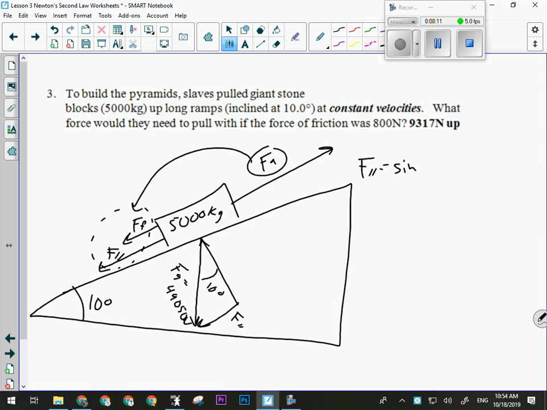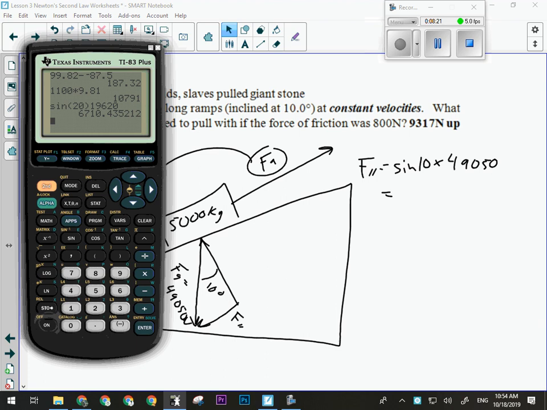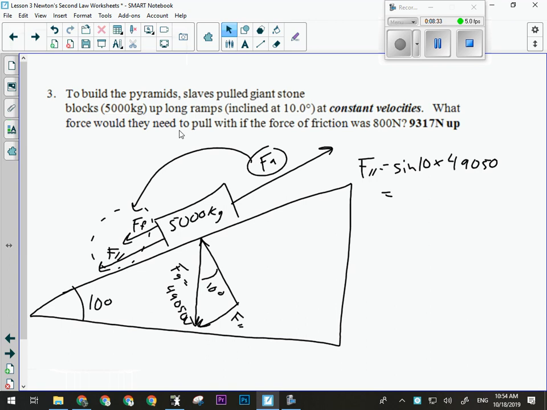The sine of the angle, which in this case is 10 degrees, times the force of gravity, 49,050 newtons, is 8,517 newtons. All right, so I've got 8,517 newtons of parallel force.